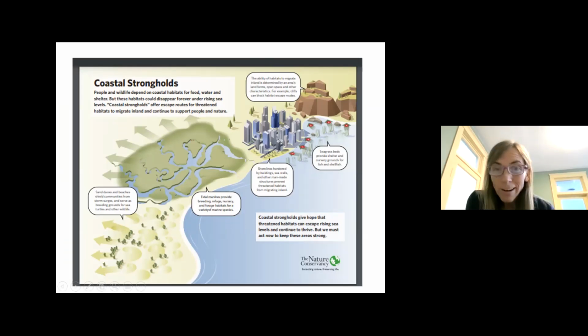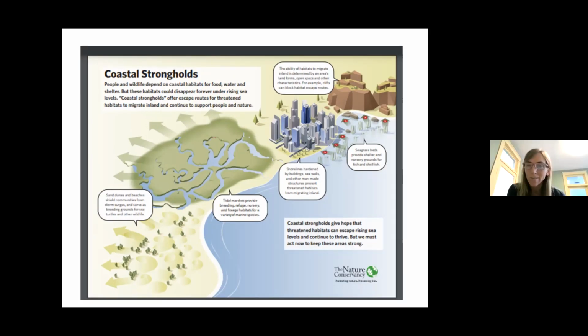That we have natural areas, we have hardened shorelines, we have human communities, and we have really different topography and geology depending on which coastal area you live in. That greatly changes the way we might address securing areas for conservation.